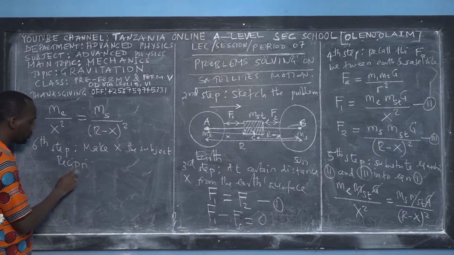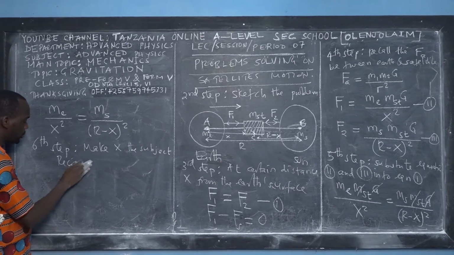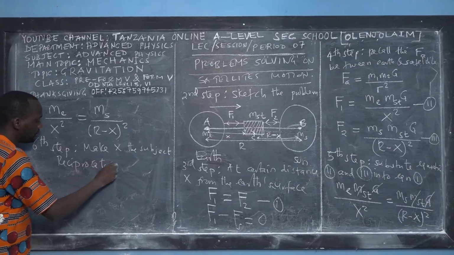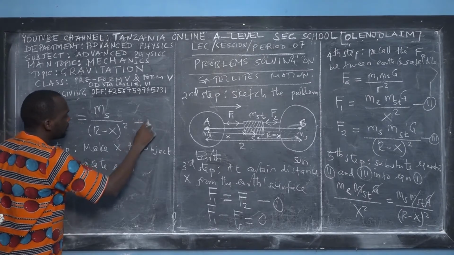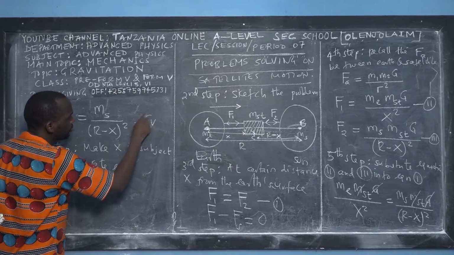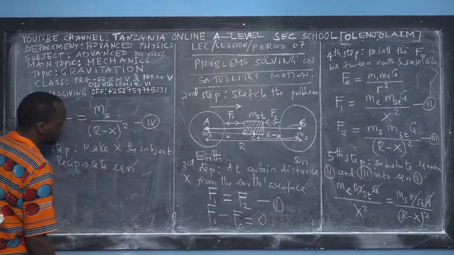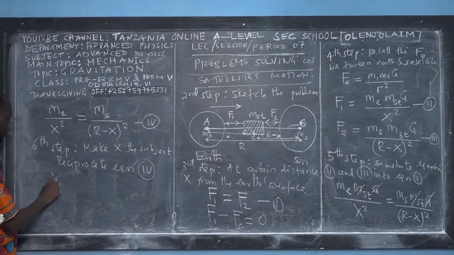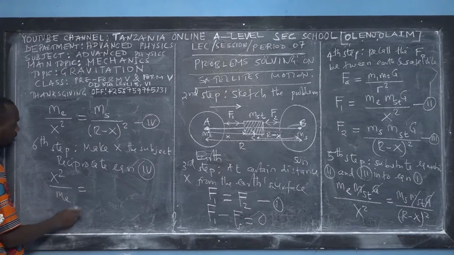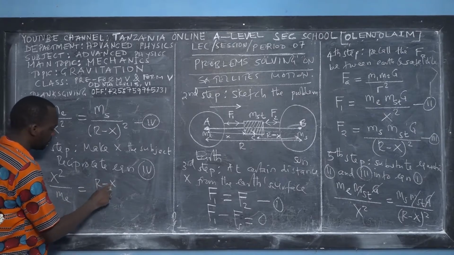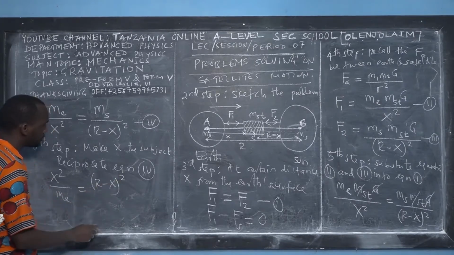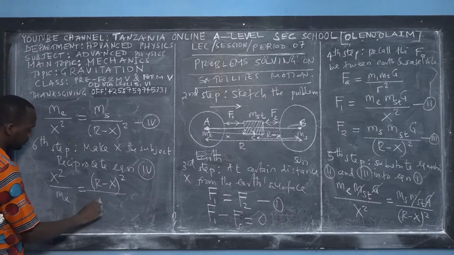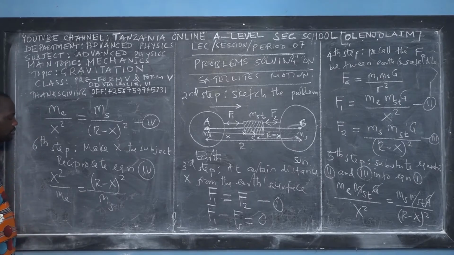First of all, we have to reciprocate equation 4. If you reciprocate equation 4, we have x squared over the mass of the S is equal to the distance from the S to the sun squared over the mass of the sun.